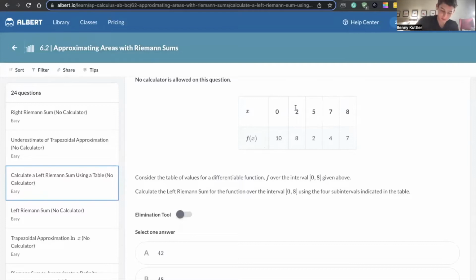So here we have some function. It starts at x equals 0. The value is 10. You don't always have to draw this out, but it just helps to visualize. At 2, the value is 8.